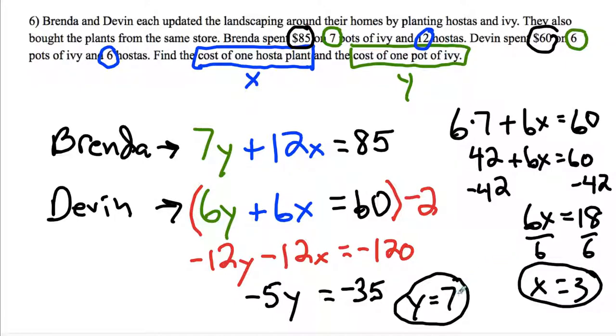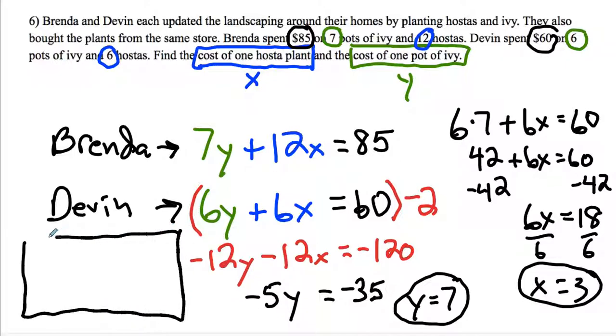Now, I'm not entirely done, because what I wanted to do is find the cost of a hosta plant and the cost of a pot of ivy. So really, I should answer those two things. I'm not going to write this in here because I don't think I left myself space, but you should.